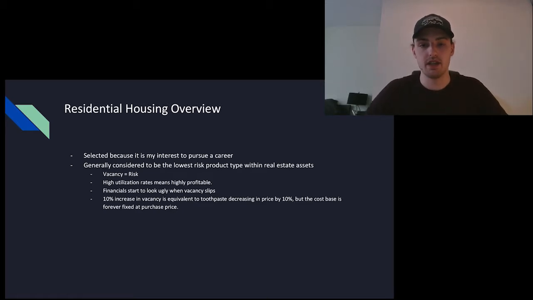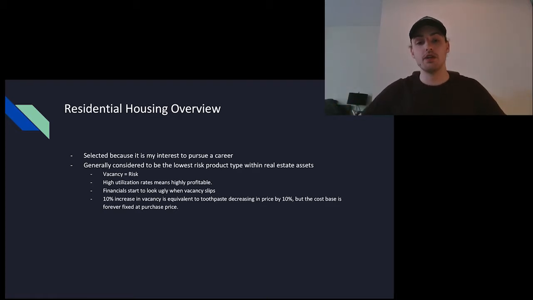But why vacancy is so disastrous and the core risk driver of real estate is because at the end of the day you pay for that entire asset. You pay for the $10 million building based on the valuation of, let's say, 1% or 2% vacancy or something like that. So let's say vacancy spikes now to 10%.